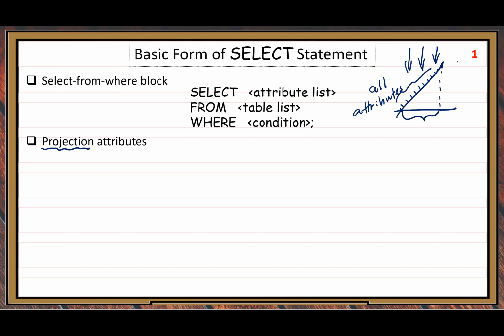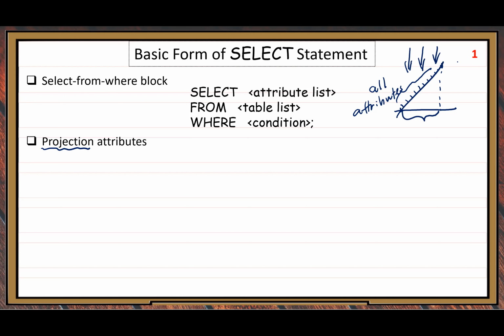But in our select statement, many times we do not need to retrieve all attributes, the data for all attributes. Most of the time, our users are only interested in some of the attributes.